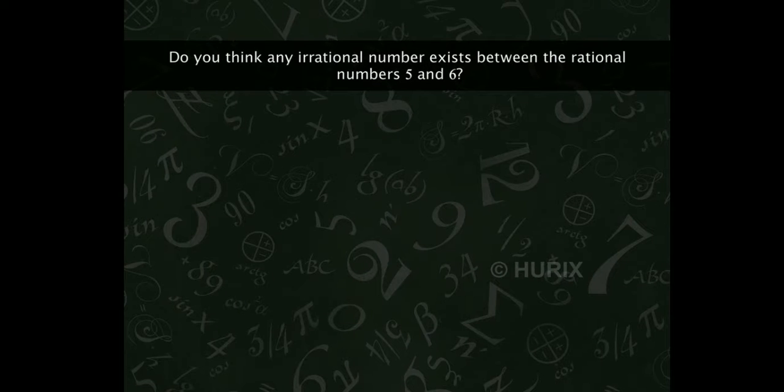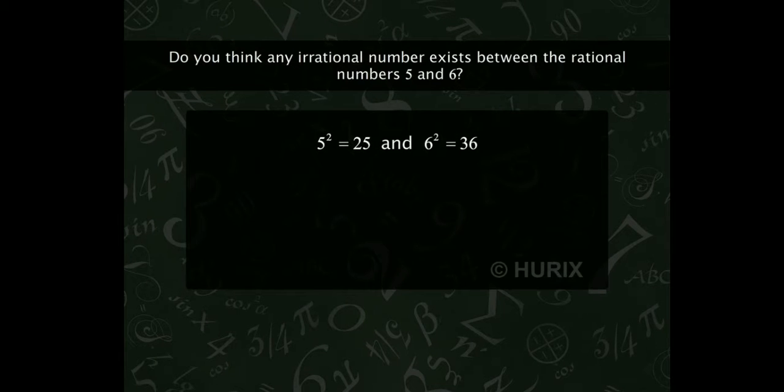Do you think any irrational number exists between the numbers 5 and 6? Let us find out. Let us consider the squares of the given numbers. The square of 5 is 25 and the square of 6 is 36.